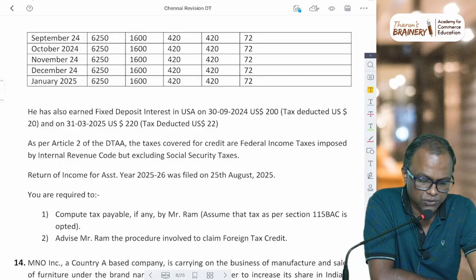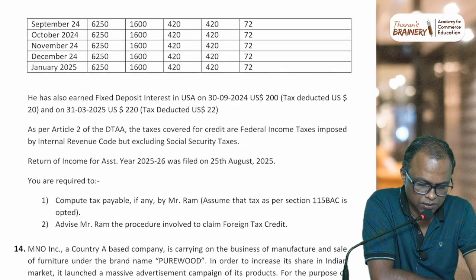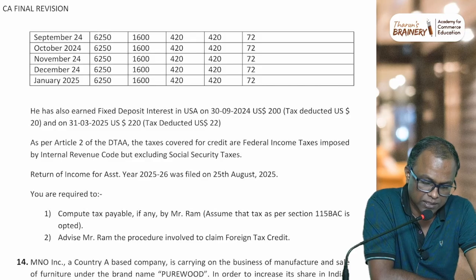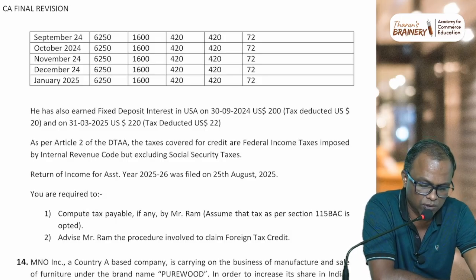Now he has also earned fixed deposit interest in USA: on 30th September 2024, US dollar 200, with tax deducted of US dollar 20, and on 31st March 2025, US dollar 220, with tax deducted of US dollar 22.